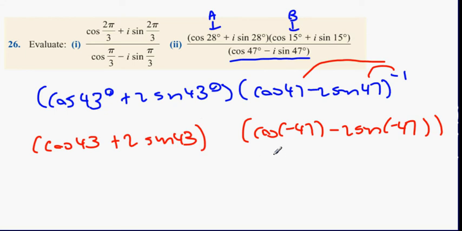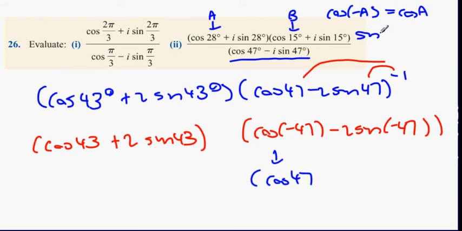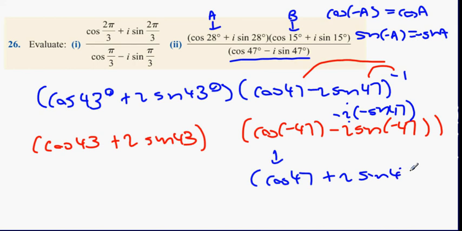Now, what we're going to get here then is cos 47, because remember, cos of a negative angle equals cos A, and sine of a negative angle equals minus sin A. So this is going to be minus i multiplied by minus sin 47, which is going to be plus i sin 47.